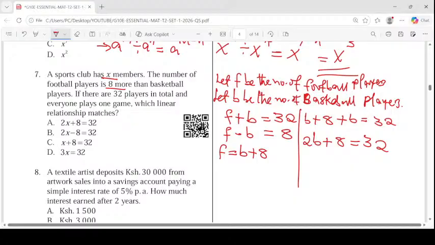I think the phrasing, a sports club has X members, followed by if there are 32 total, suggests that X might be intended to be 32, but the options do not support this. So this question has got its own problem.